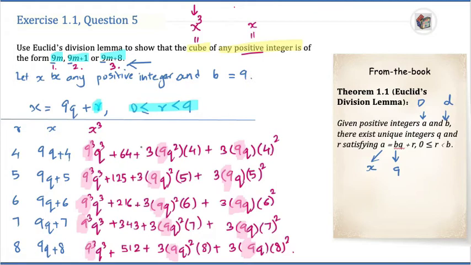Now in the first one, what I have is 9 common from these and then 64. Well, I'm not allowed to have 64. My constants can only be either just 9m plus 0 or 9m plus 1 or 9m plus 8. So what I can do is write 64 as 63 plus 1, and then this 63 again will have 9 as a factor because 9 sevens are 63.